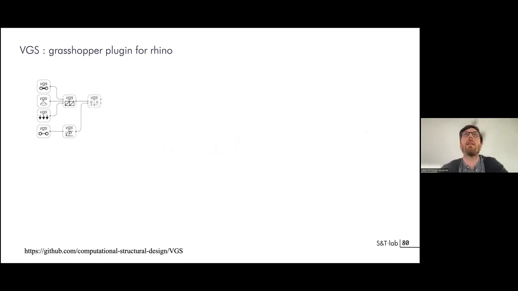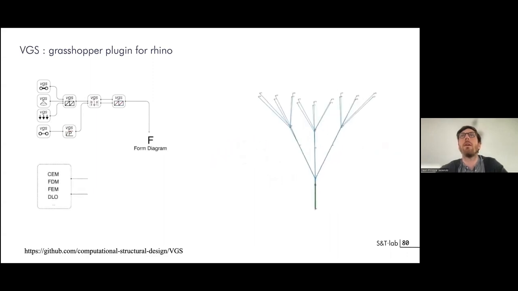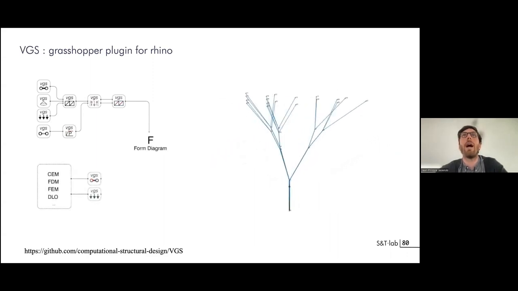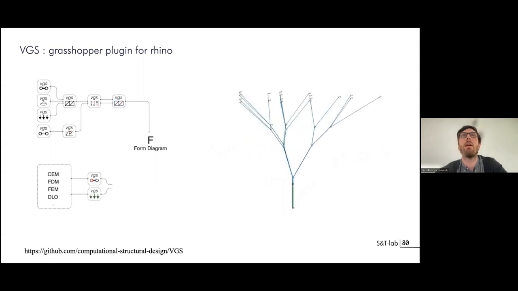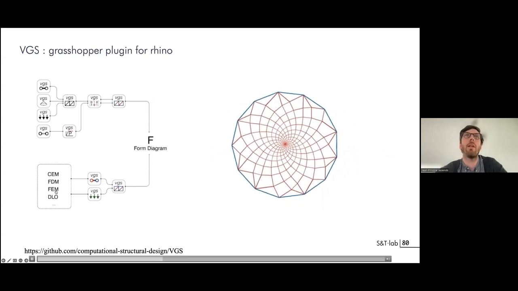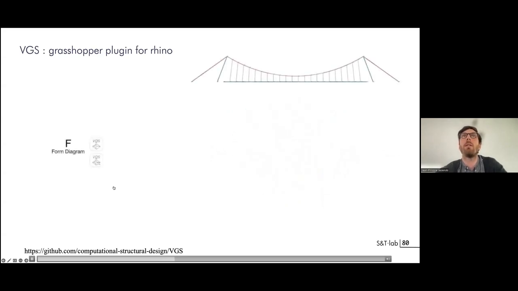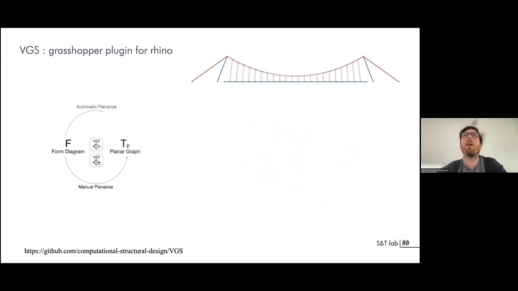As you can see, VGS will provide a form diagram first, and then with the matrix, generate an equilibrium solution. As you can see, other tools such as CEM, force density method, finite elements, and other things could provide the equilibrium as well. So with that, we have form diagram and force intensities. Then we need the planar graph.